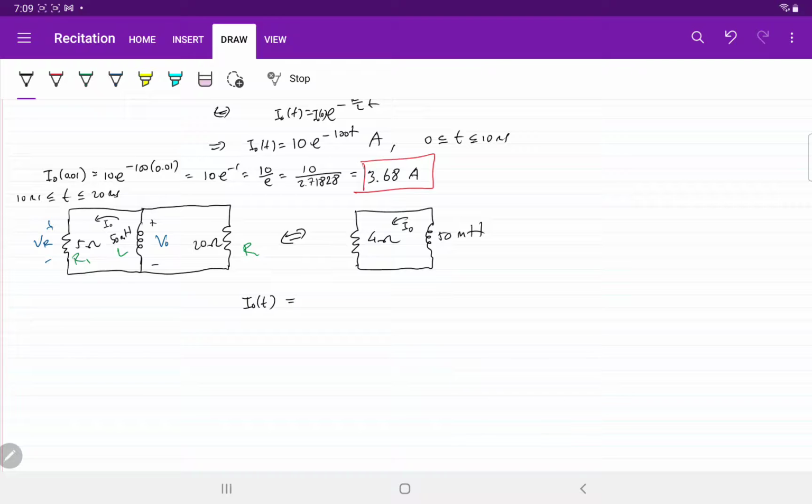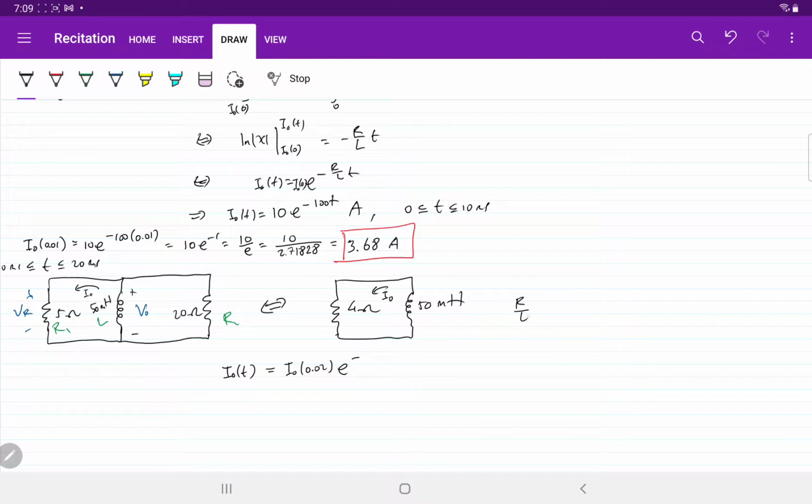Okay, so I0 of t is between, we have I0 at 10 millisecond, times e to the power of the new time constant, which is R over L, so R here is 4, L is 50 millihenry, so R over L is 80, so minus 80 times t minus 0.01.